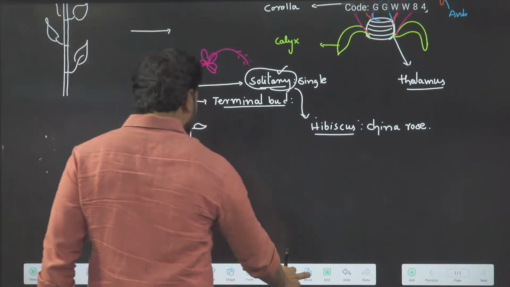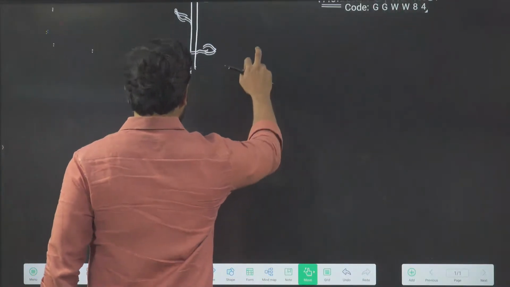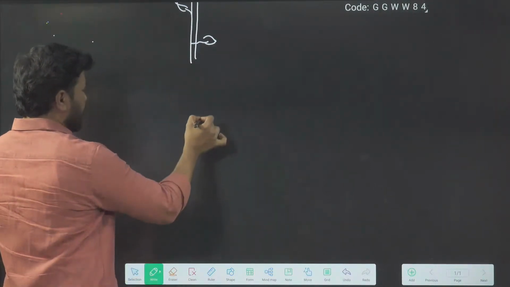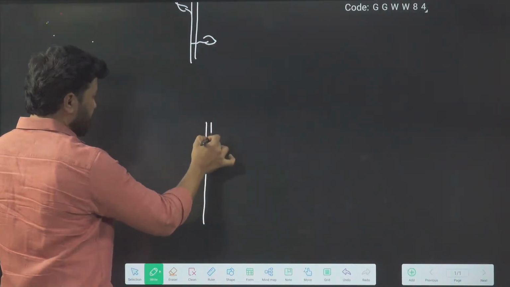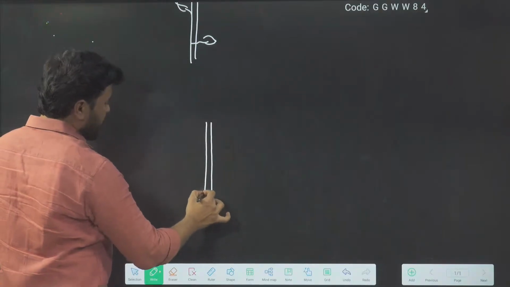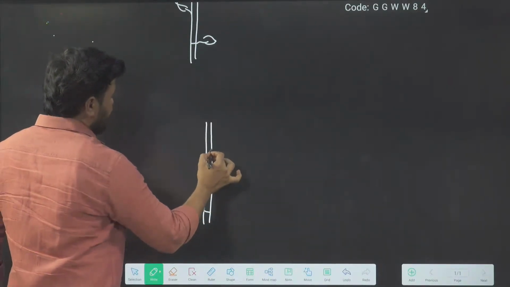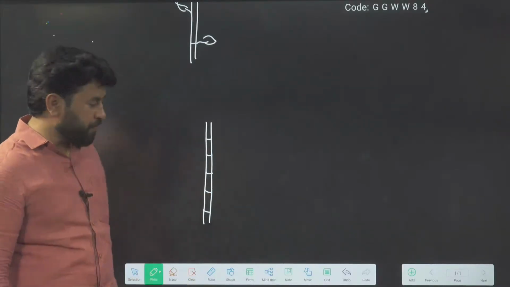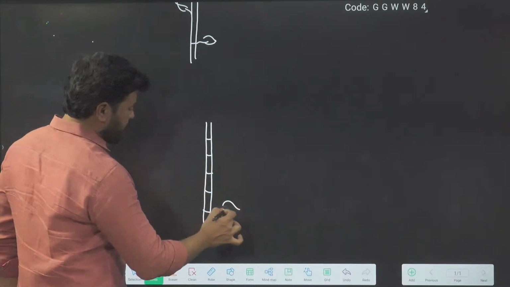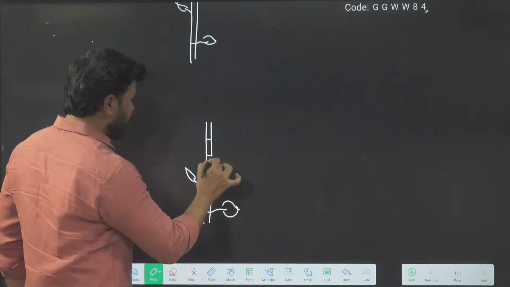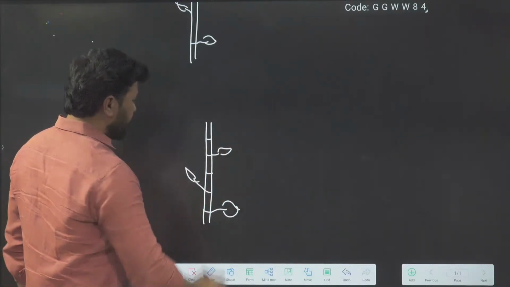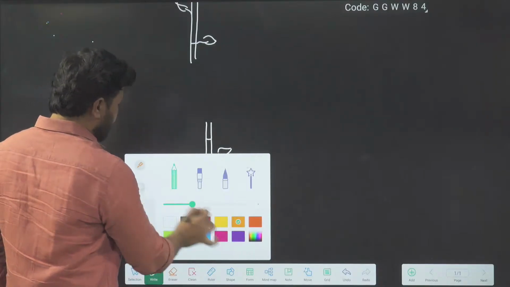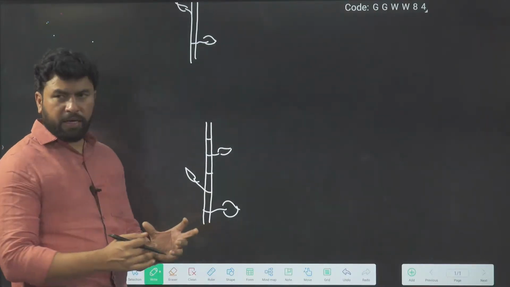Next, sometimes, same story, let us have a little bit of variation. This is a stem, and this stem doesn't want to produce a single flower. It wanted to produce many flowers. Consider this is a stem and it wanted to produce many flowers as I have mentioned. There, what this stem is going to do, it may be a terminal bud or axillary bud.